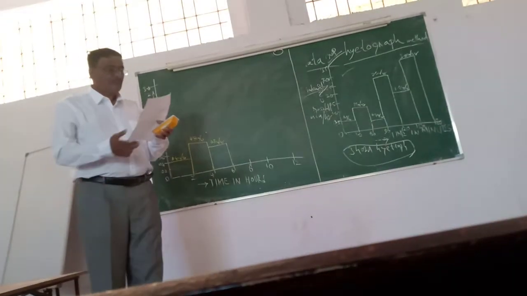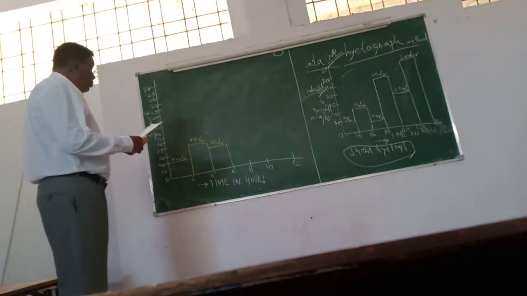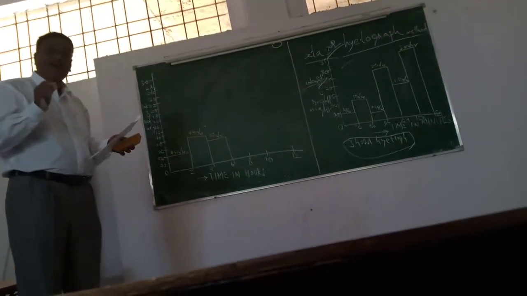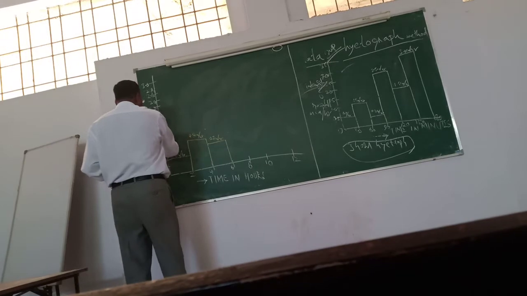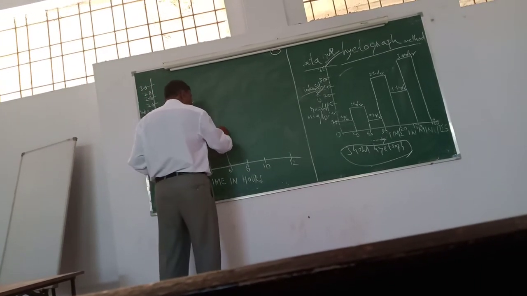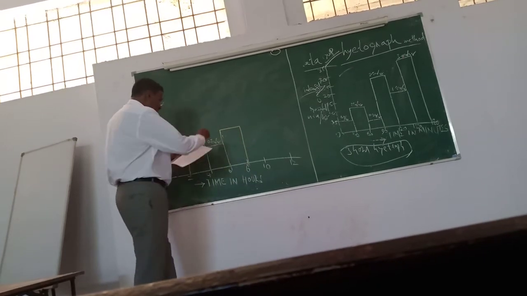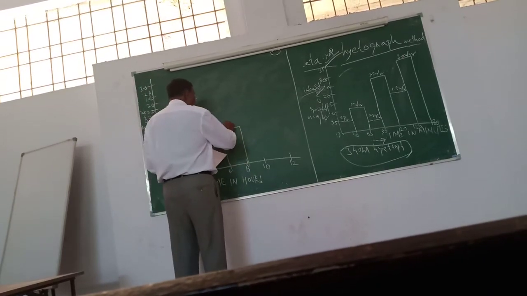Next is how much? It will be 1.0 centimeter per hour. Higher. 1.0 is here. Next 2 hours, between 6 hours to 8 hours, it is 1.0 centimeter per hour.